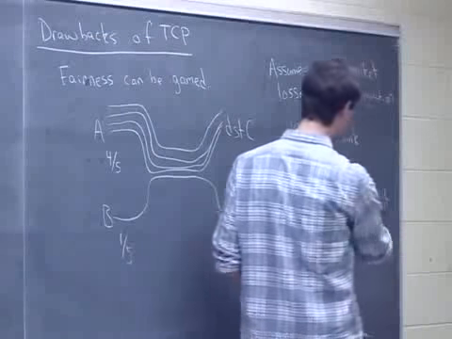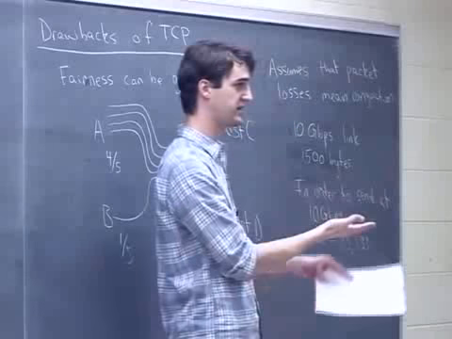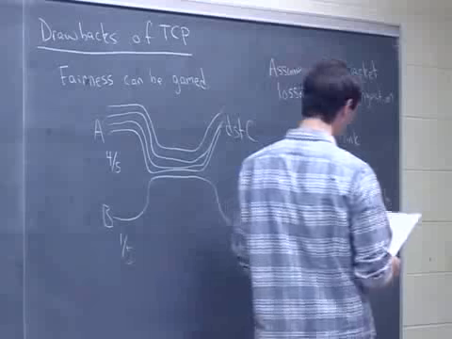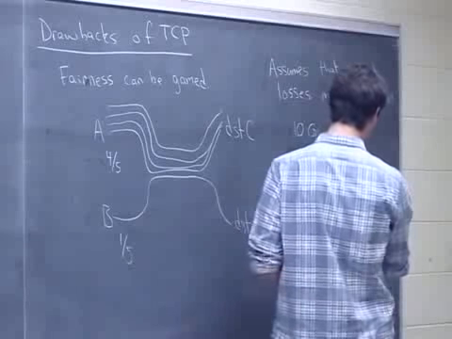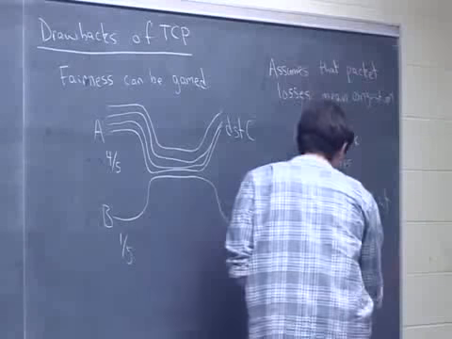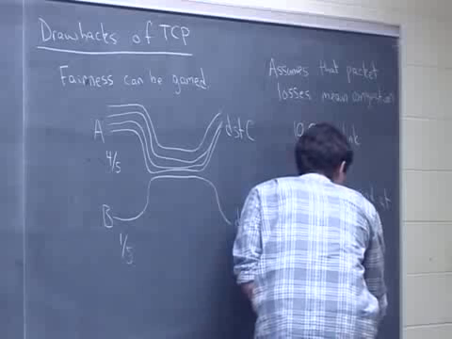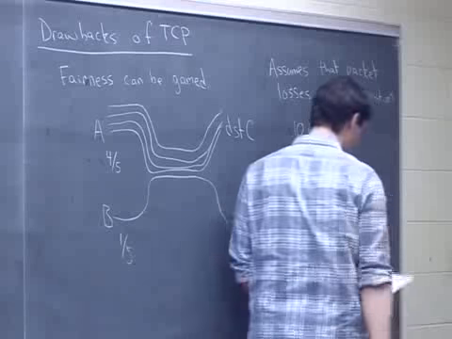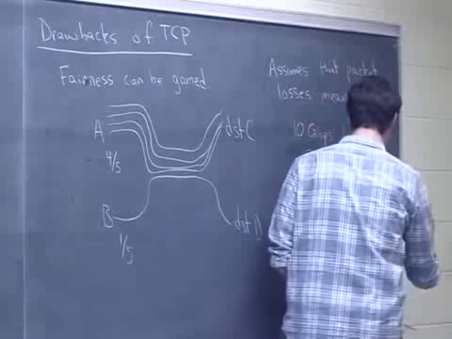Now, because of the way TCP works, whenever we have a packet loss, we cut our window size in half. This means that in order to maintain this large of a window size, we can only have one packet loss every 5 billion packets.